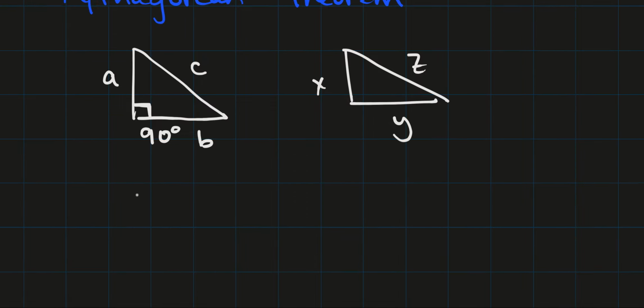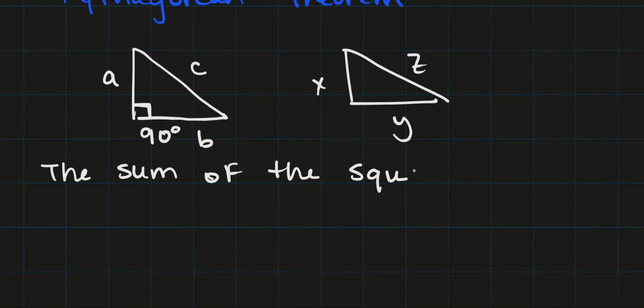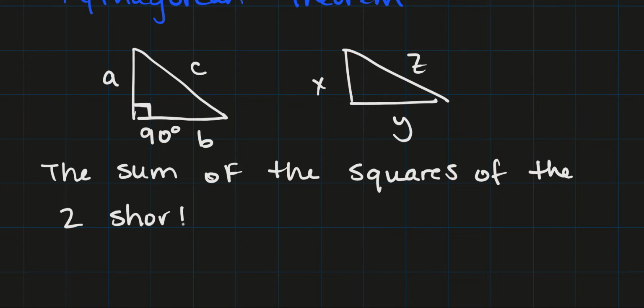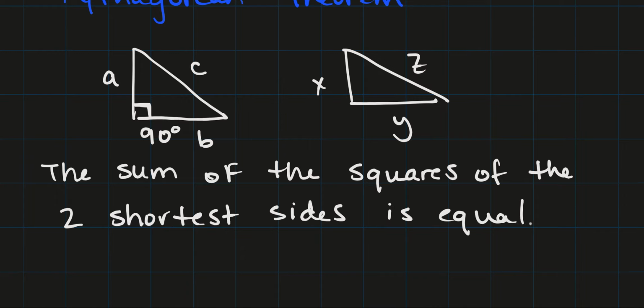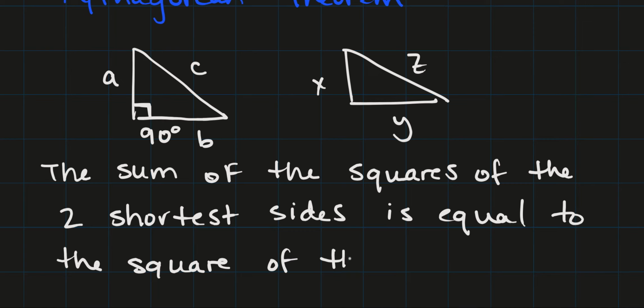But the rule is the sum of the squares of the 2 shortest sides is equal to the square of the longest side.